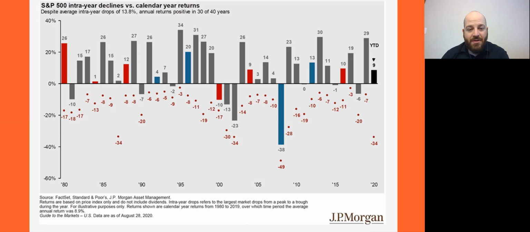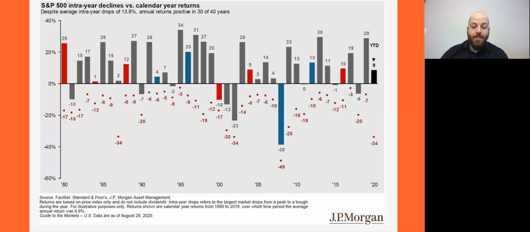So what you can see from this chart is that sometimes there's a very large difference between where the market is at its lowest point in a year and where it ends up on December 31st of that same year. You can see it going all the way back to 1980 here. So the point is, markets may sell off, but that doesn't mean they will stay down for an extended period of time.